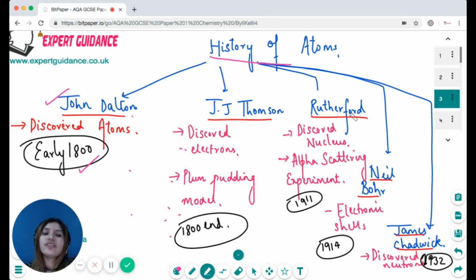Then after Thomson came Rutherford. He discovered the nucleus by the alpha scattering experiment, and then came Niels Bohr, who gave the idea of electronic shells in 1940, and then finally came James Chadwick, who discovered the neutrons in 1932. So we got the first idea about the atoms in early 1800 by John Dalton, and after 1932, we came up with the final structure of the atom.